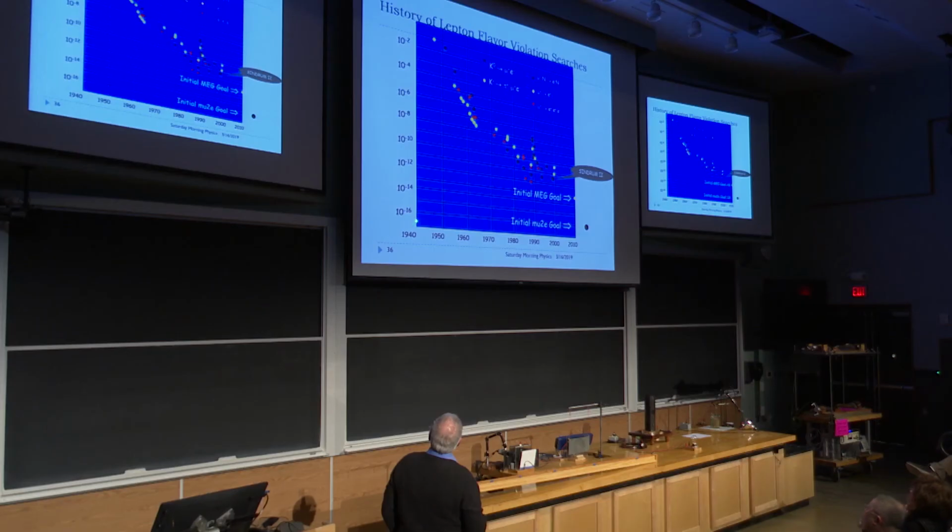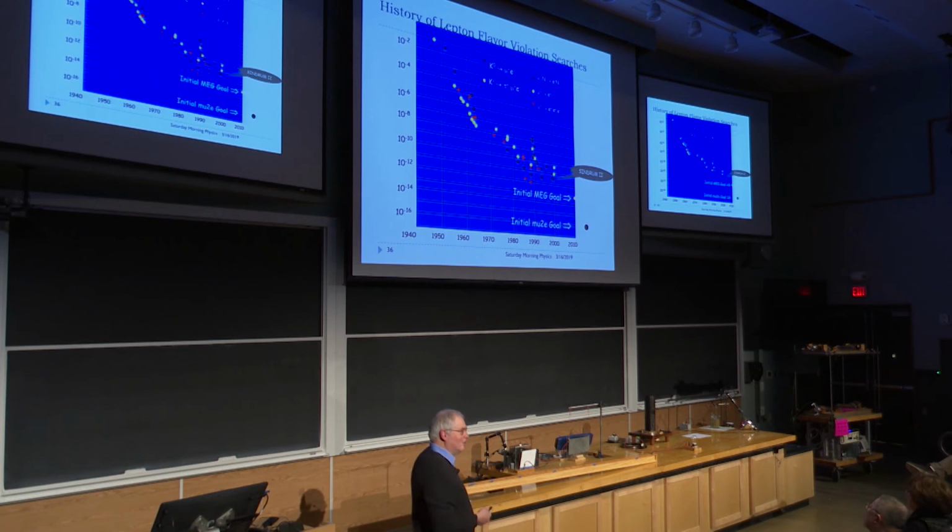Been searching for this for a long time. Here's the year going by, and here is the fraction of muons that can turn into electrons, starting around 1 in 10 back in the late 1940s, and coming down now to around 10 to the minus 12. Note this particular limit. Our friend the K0, can it decay into just a muon and an electron?